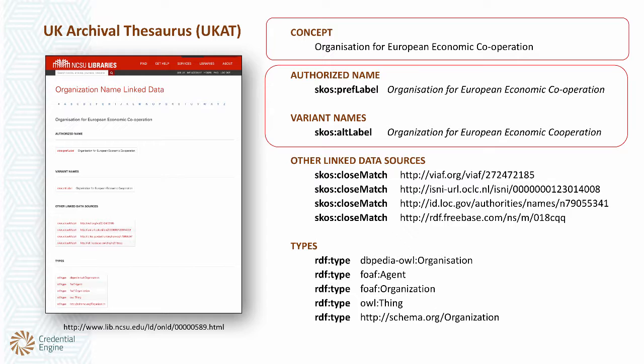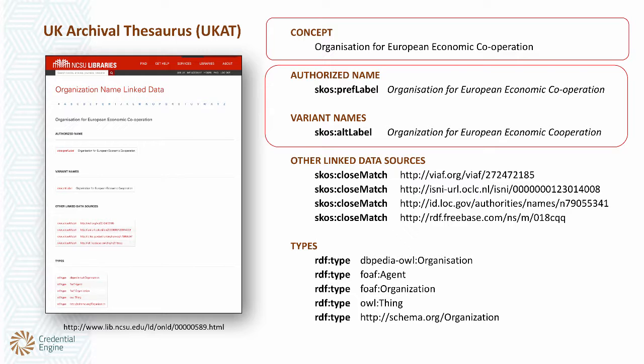Then there's a variant SKOS alt label, and it's spelled with a Z, and it drops the hyphen from cooperation. So you can infer that one is British and the other is American, but they're different spellings and alt labels.